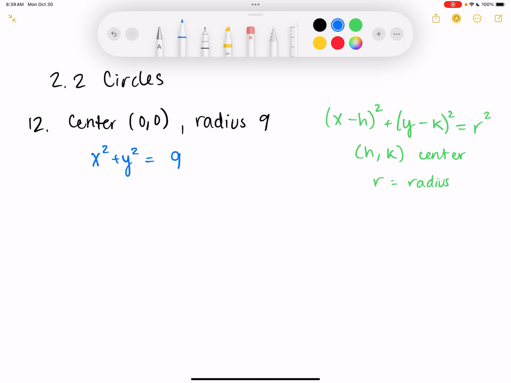Wait, I lied. We do have to square it. I was thinking they were telling us that that's what the entire radius was. But r is 9, so we would do 9 squared. Now, you can either leave it that way or rewrite it as x squared plus y squared equals 81.